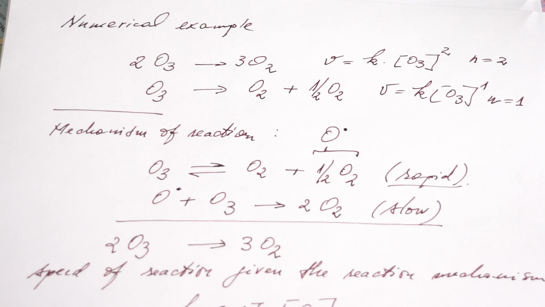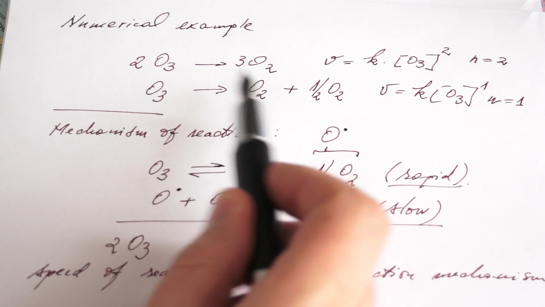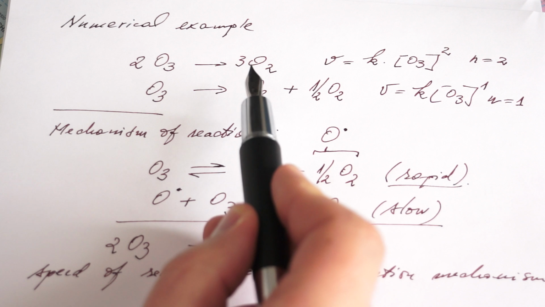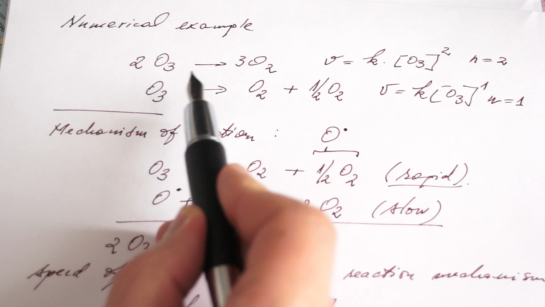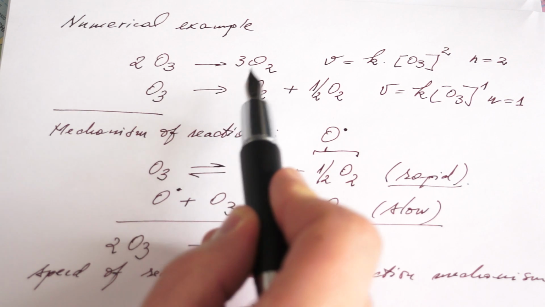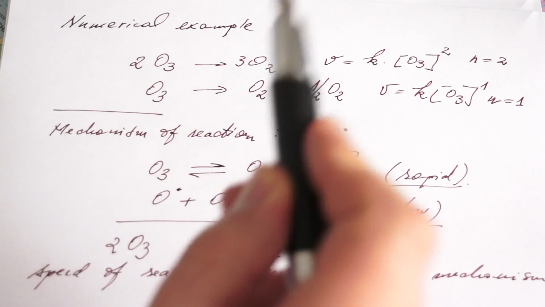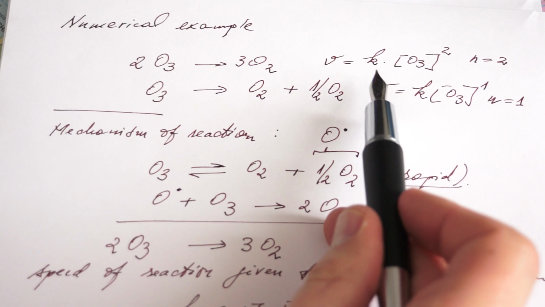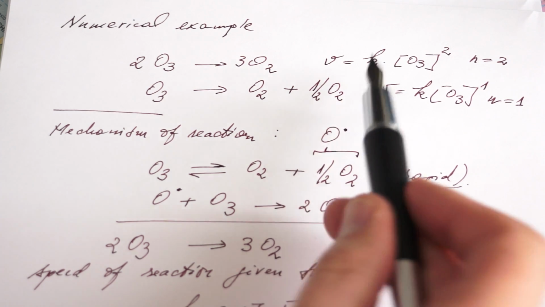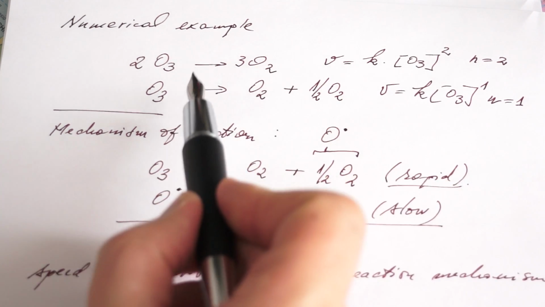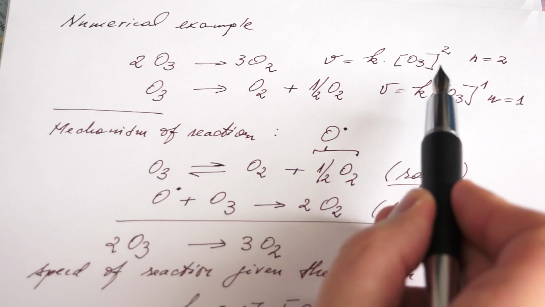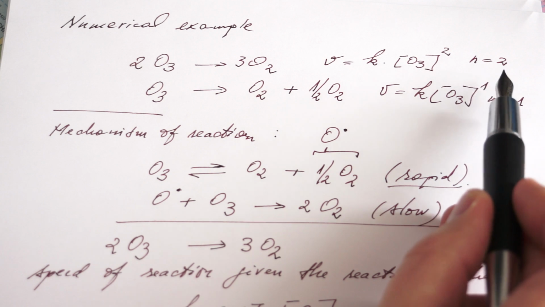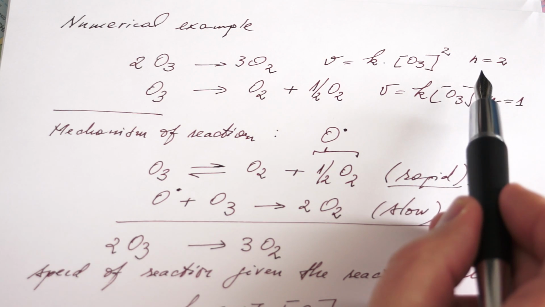For example, if we assume that the decomposition of ozone to oxygen goes this way, where we take two ozone molecules to produce three molecular oxygen molecules, then we'll have the speed of reaction determined by the speed constant times the initial concentration of ozone to the power of 2, because here 2 is the stoichiometric coefficient.